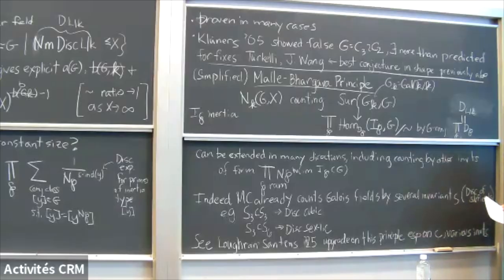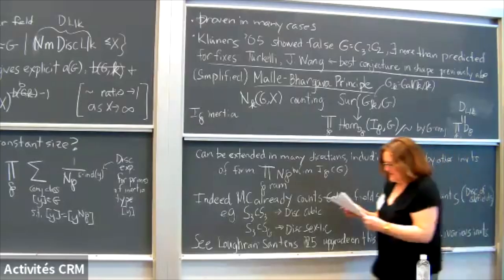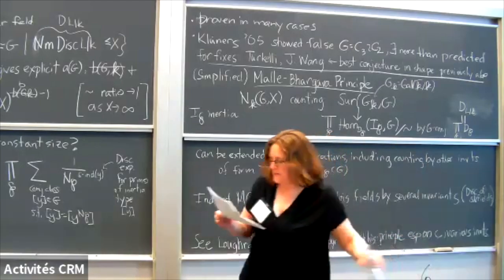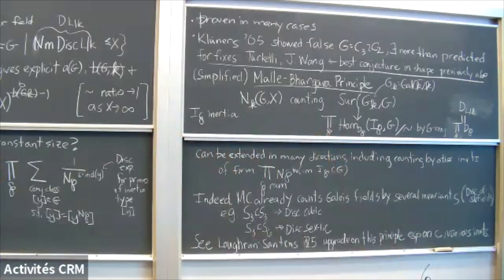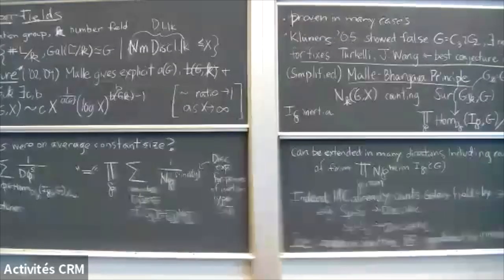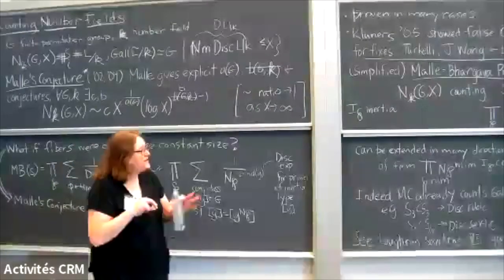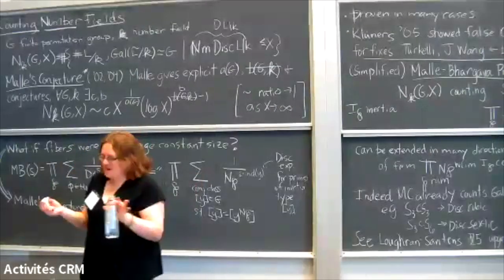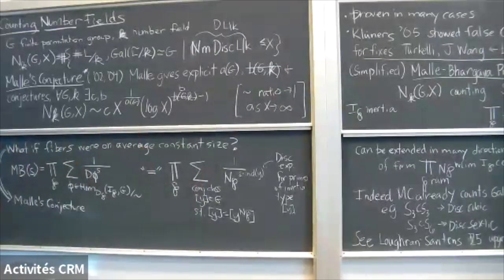All right. So now we see here that we could potentially be counting number fields not just by discriminant, like in the original conjecture of Malle, but by lots of different invariants. But I just want to say, these aren't all the ways to count number fields.